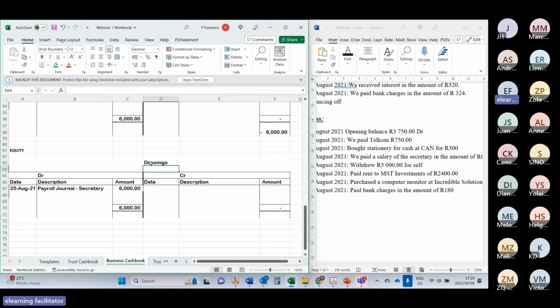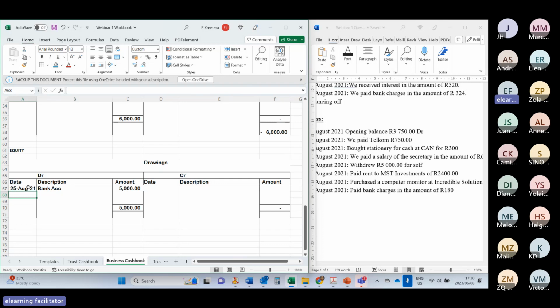So it applies only to sole practitioners. Companies, it's different. It becomes a loan. Otherwise, a director has to take a salary. I've explained it before. So on our drawings, we also show 25 August from our bank account. How much? 5,000. So it's a drawing. So it's clear, the explanation is clear.